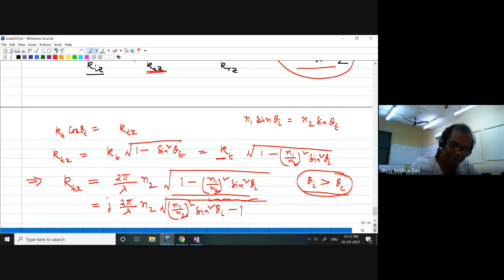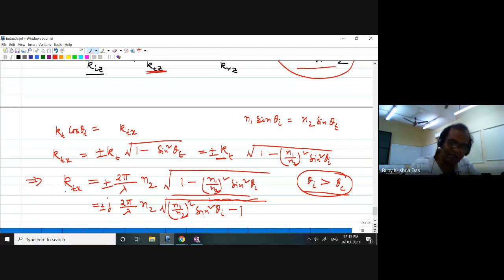That means it is imaginary, right? Because this is greater than 1. So basically I should write plus minus because the square root is there. From the beginning itself I can just write plus minus. I think that is better. I can accept which is actually feasible. Plus or minus, whichever is practically feasible, that I will be accepting.